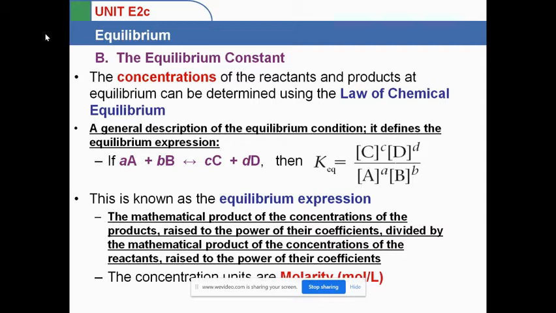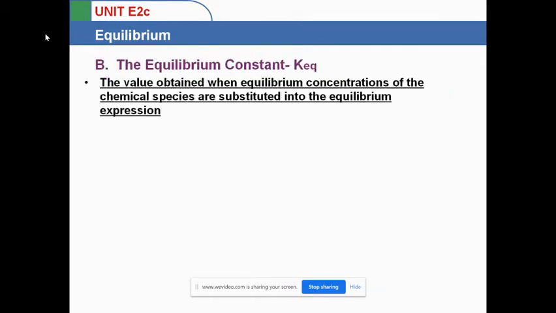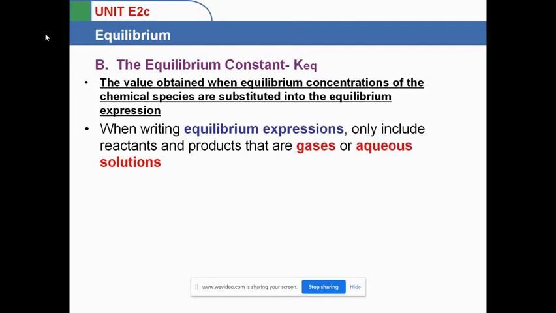Notice how this is equal to the KEQ. This is the equilibrium constant, and that's the value obtained when the equilibrium concentrations of a chemical species are substituted into the equilibrium expression. In other words, you calculate it once you take what the concentrations are and plug them into the previous equation.